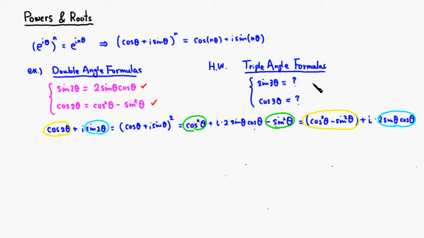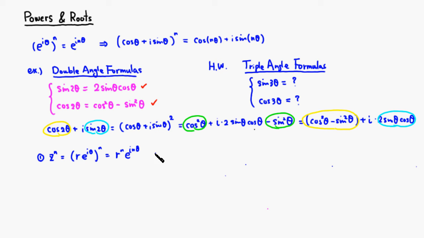If you have a power, z to the n, and you write it in exponential form, it's easy to see. r e to the i theta, raised to the n, is simply r to the n times e to the i n theta.